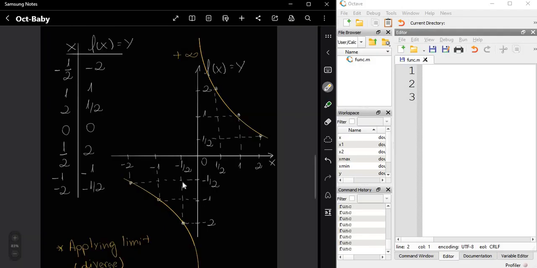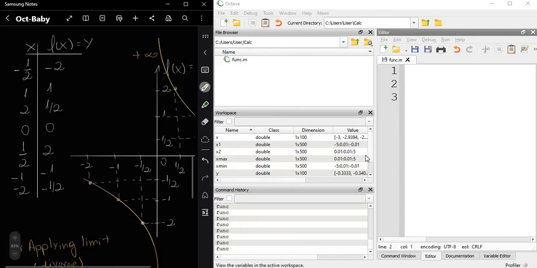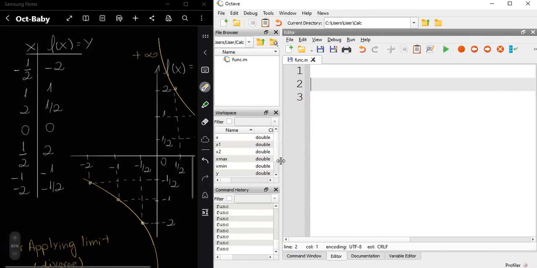Okay, I think I talked too much about this, and now we can start with our programming. Let's try to plot this function right here in Octave. Just like we have done for the other functions, let's establish a range for the x-axis.